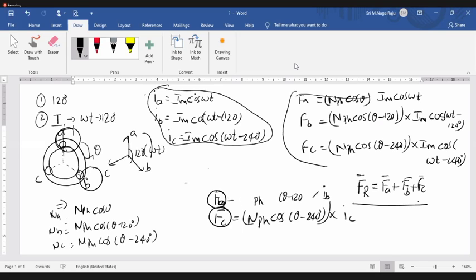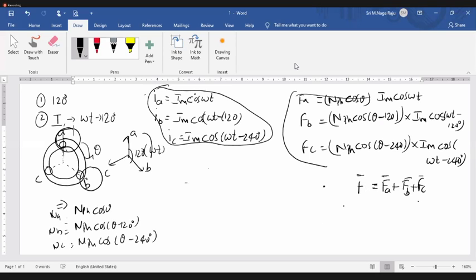See, before that, look into the first one, FA equal to N phase into cos theta into I maximum cos omega t. Here we can multiply this N phase into I max, remaining whatever it may be.